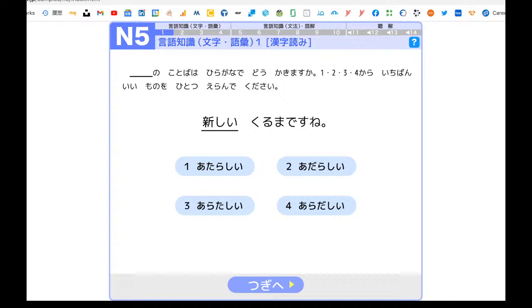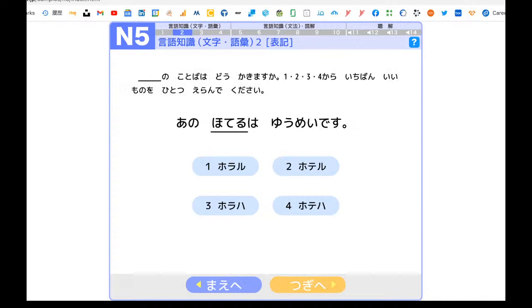And the second one, underlined の言葉はどう書きますか？1、2、3、4から一番いいものを一つ選んでください。 So it's asking, how do you write the underlined word?